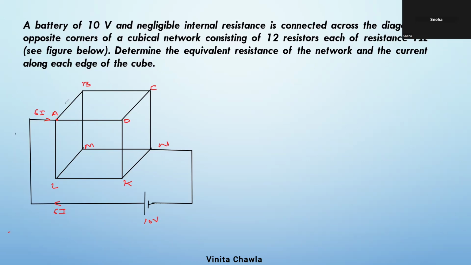So 2I current goes to branch AB, 2I current goes to branch AD, and 2I current goes to branch AL.